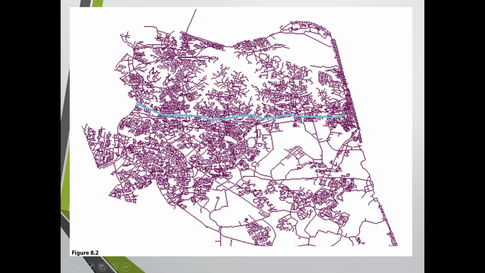So there might be 200 or 300 links that create this, and each of those links is going to be a record within the database, and then it's going to have attributes associated with each of those. So it could be things like street names and addresses and all kinds of stuff, as we'll talk about here in a minute. So if you visualize this, each one of these little road pieces in here could have its own records within a database.